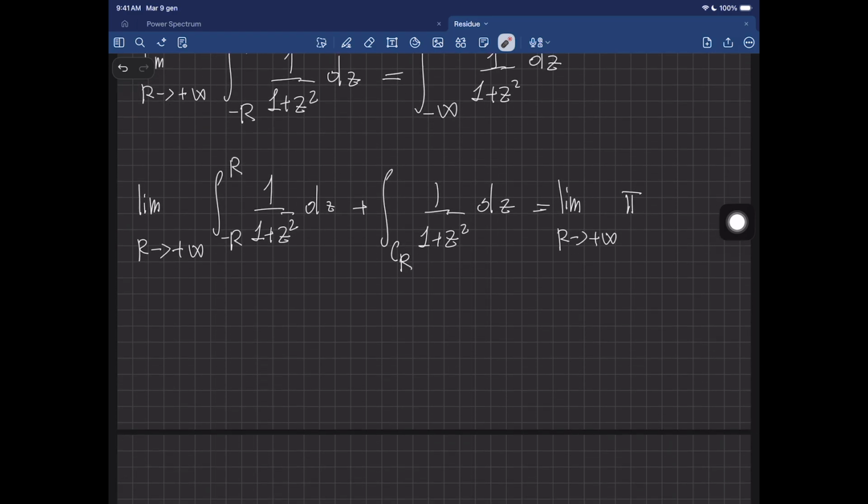Great. Now the right hand side doesn't depend on R, so I can take the limit. This is going to converge to what we want, so the only thing left to understand is the behavior of this integral as R goes to plus infinity.